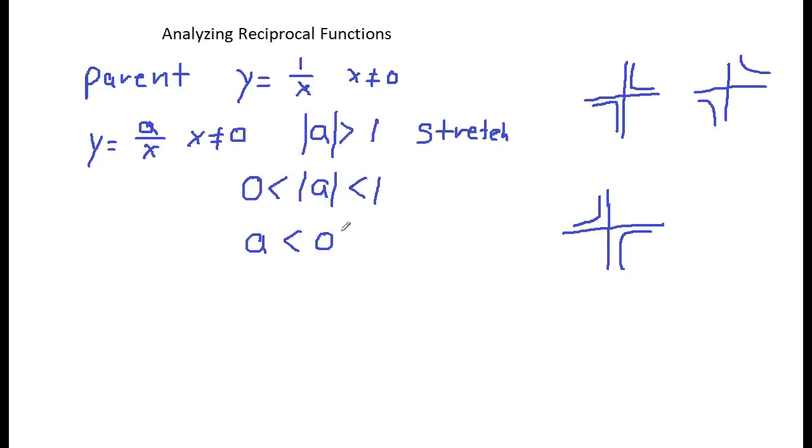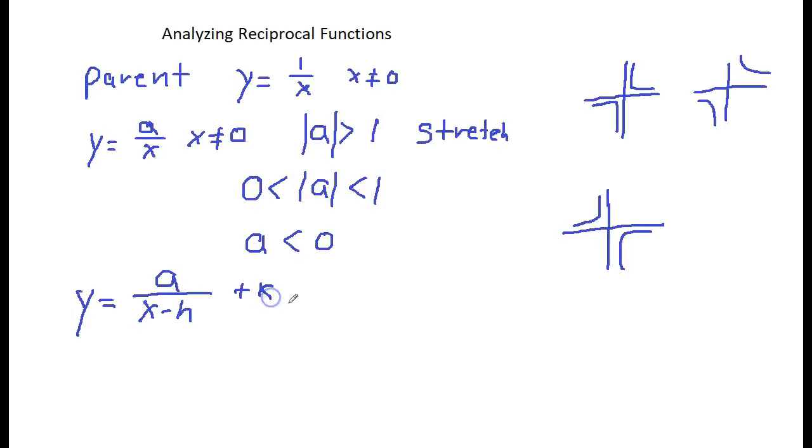Now, if that wasn't enough, then we're going to add what's called translations. What does that mean? Movements. If we have y equals a over x minus h, so a horizontal translation, plus k.